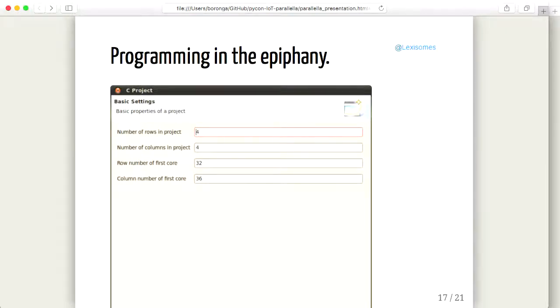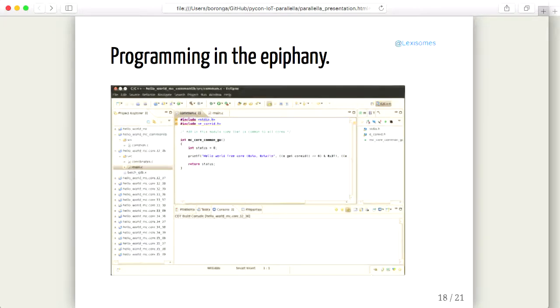So when you start off your Epiphany project, you specify the number of cores, number of rows, number of columns, the row number of the first core, column number of the first core, and this can all be determined quite easily by your Adapteva software development kit. Depending on which type of board you've got, it'll tell you which one of these you need to enter. And programming it's very similar to C, but you have these extra things like get core ID.